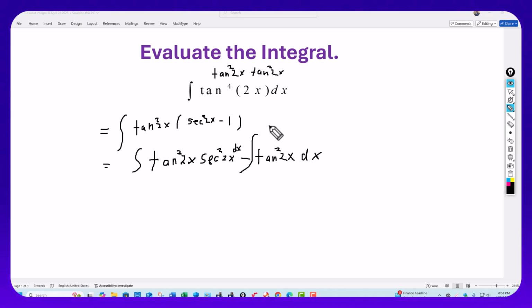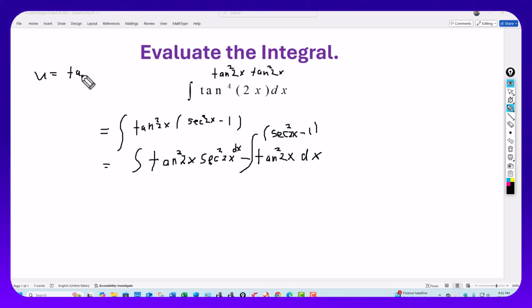And then again, I'm going to use the same identity here. Tangent squared of 2x can be replaced by secant squared of 2x minus 1.